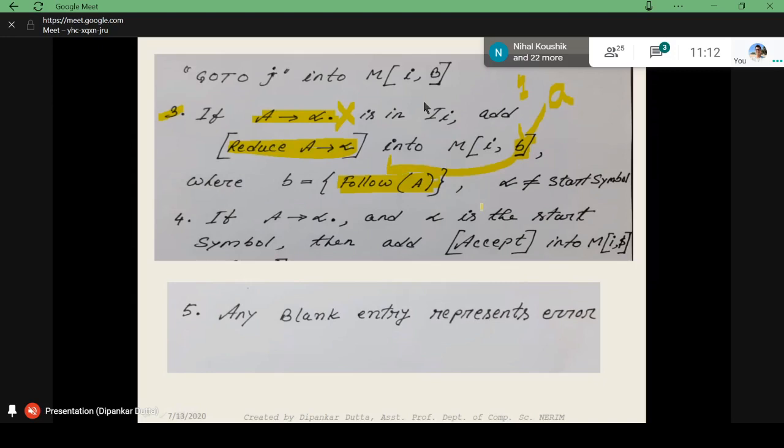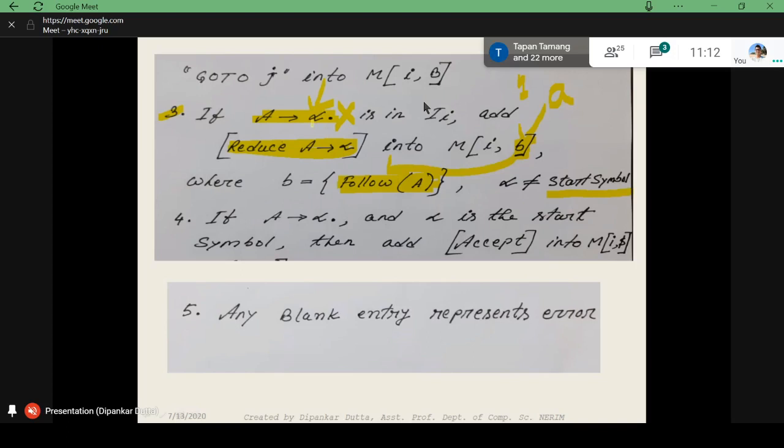And always remember another interesting point: this alpha may not be the start symbol.